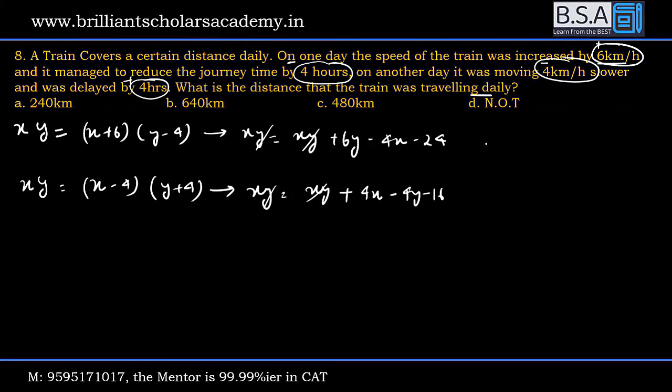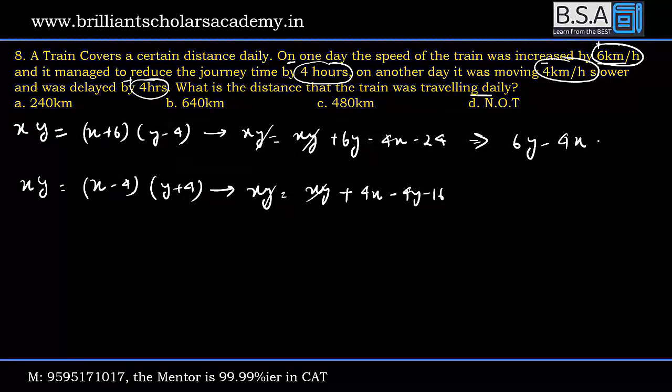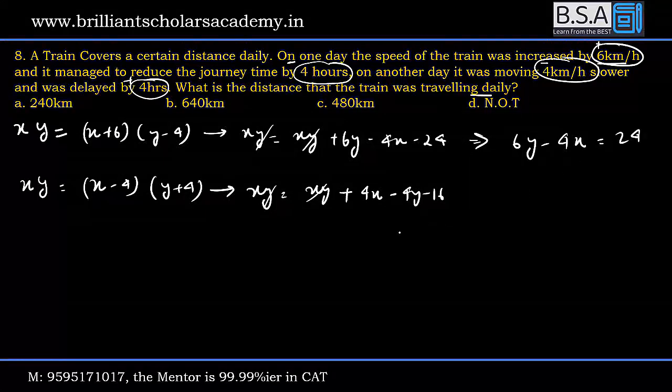It gives me a linear equation. What is that equation? 6y minus 4x is equal to 24, and here it is 4x minus 4y is equal to 16.